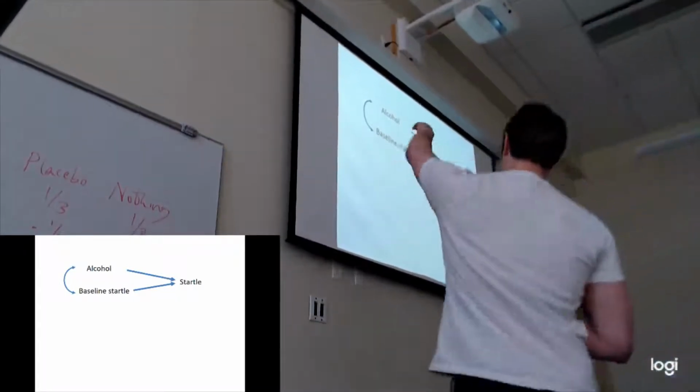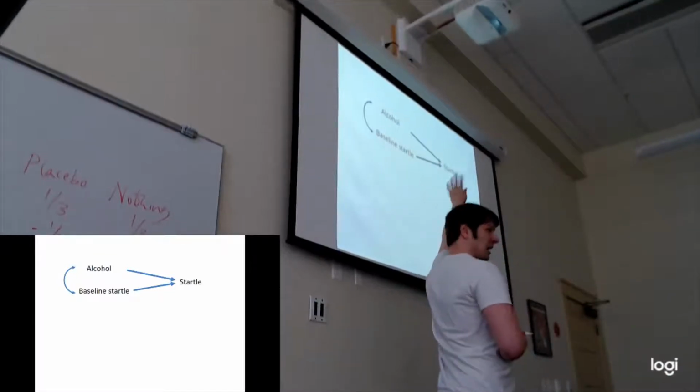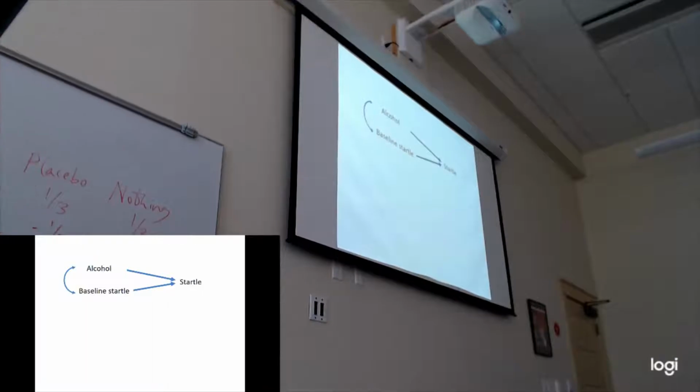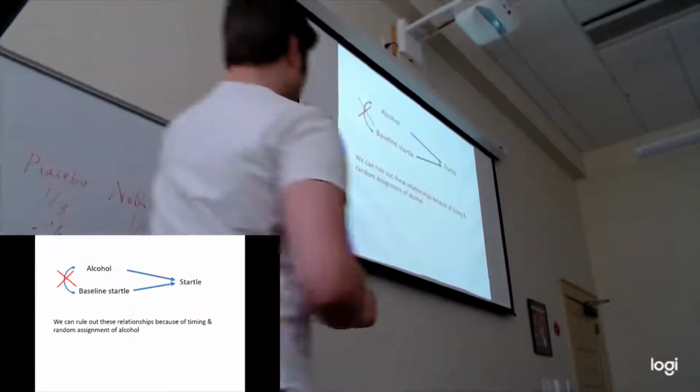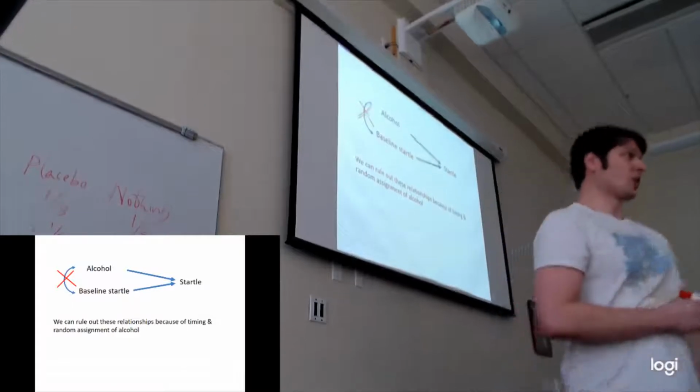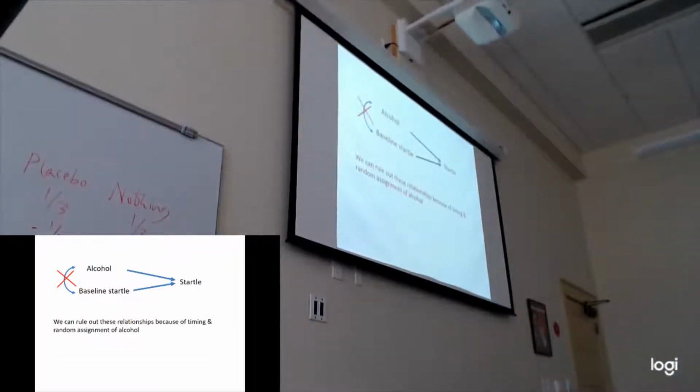So I've drawn a bunch of different arrows up here. The reason I've drawn all these is that the beverage condition, what I call alcohol up there, is randomly assigned, and baseline startle is measured before that assignment, which means that we know this double-headed arrow can't be there. That's what the random assignment buys me.